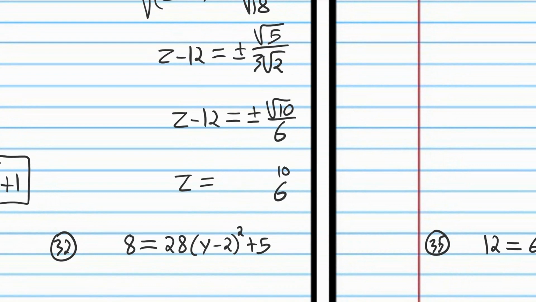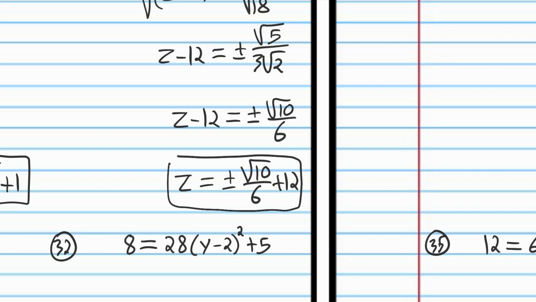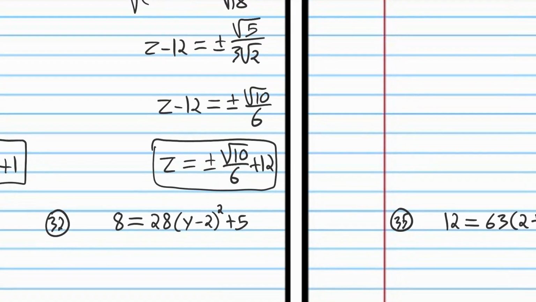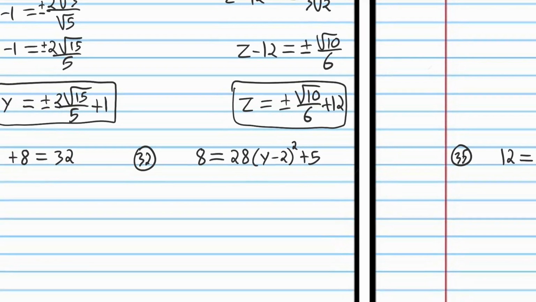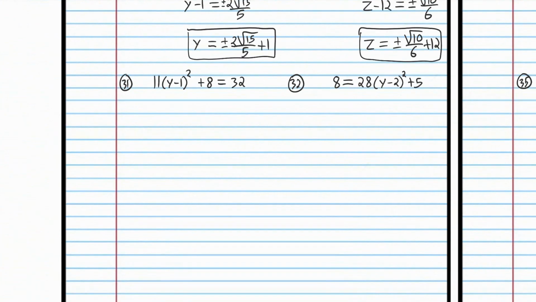You know what, I've written it like that quite a bit, so I'm just going to put it on the other side just to show you that it can be written on the other side. The 12 can be written on the other side also. So there you go. If you got that answer, good job.